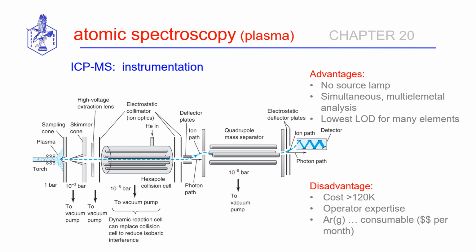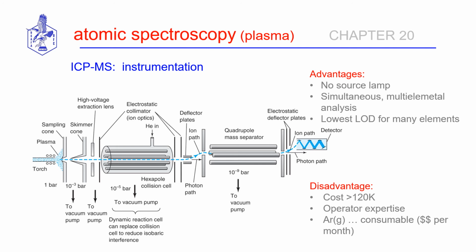The last slide I wanted to show you is the sophistication of the interface between the plasma torch and the mass spectrometer. These kinds of sophisticated instruments take years and years and years of research and development to get them to operate.